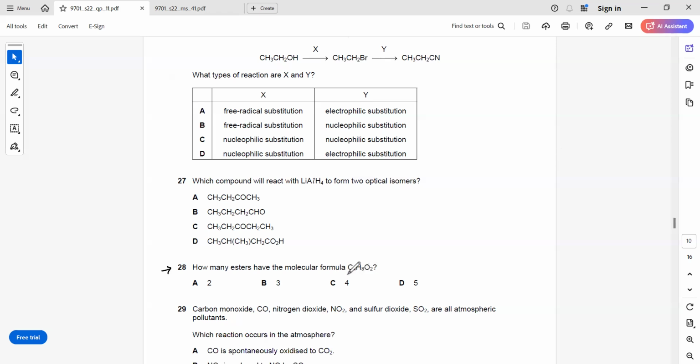So let's see how many different esters with this molecular formula, meaning having four carbon atoms. So I can have this group coming from an acid and combining with one carbon coming from an alcohol.